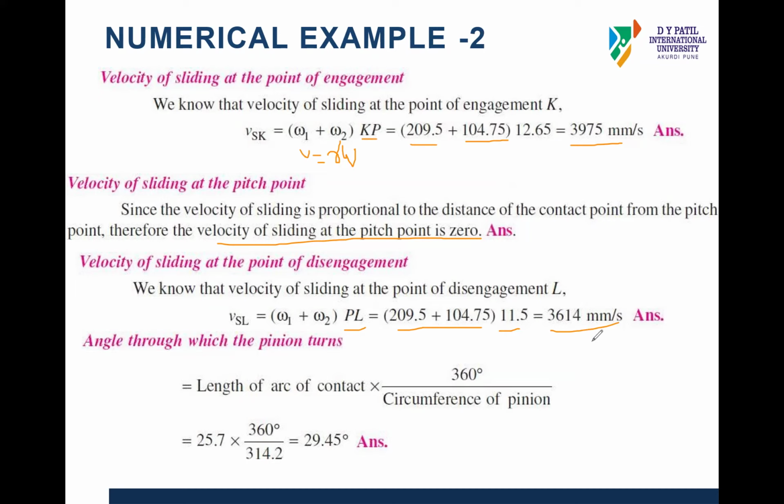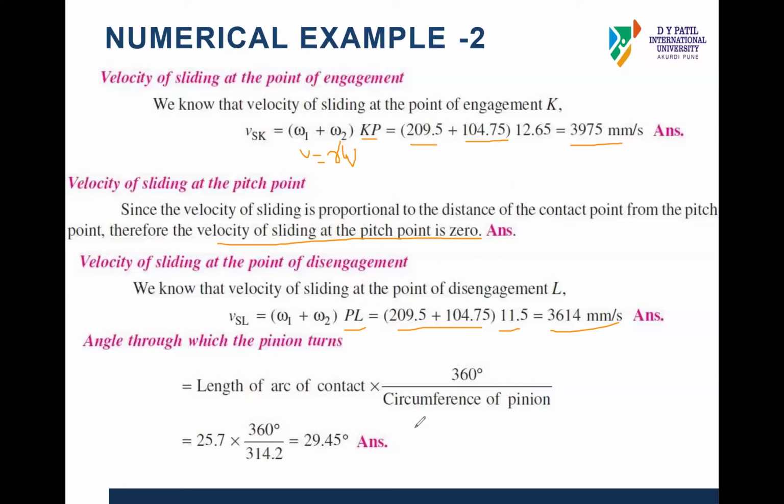That is the velocity at disengagement. And we need to also find the angle through which this pinion turns. The arc of contact is already calculated, 25.7. Multiply by 360 degrees upon circumference of pinion. Based on this, we'll get the angle turned by pinion, that is 29.45 degrees. We can calculate angle turned by pinion and angle turned by gear also.